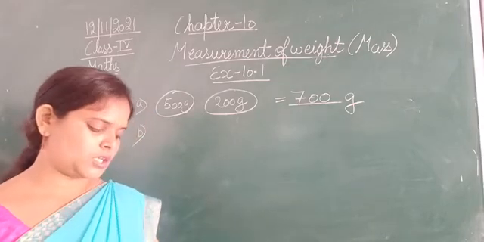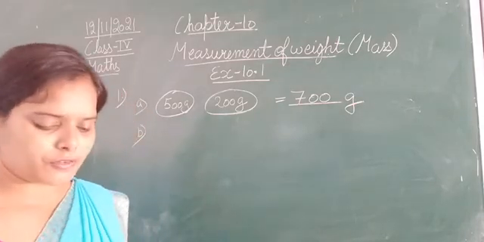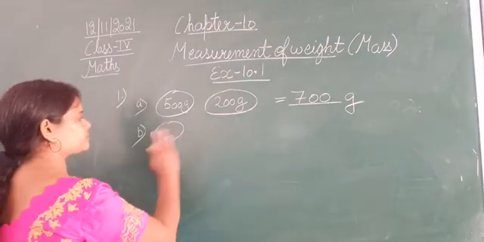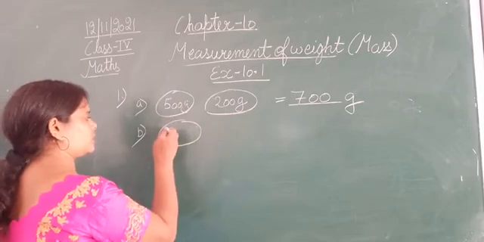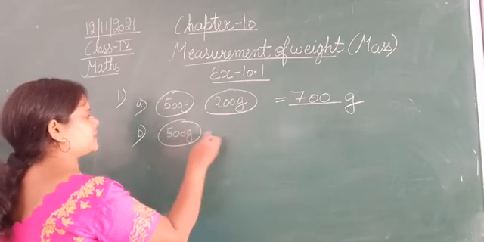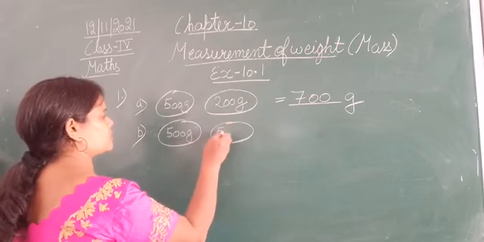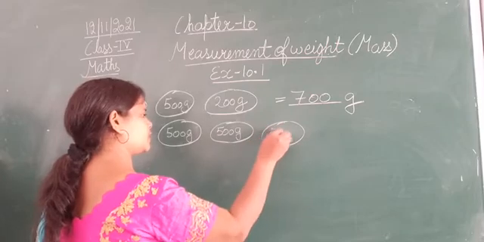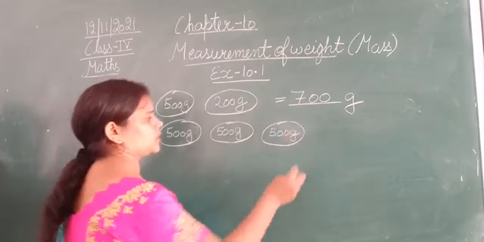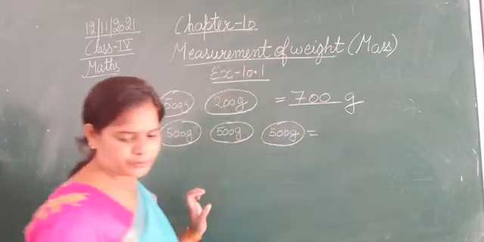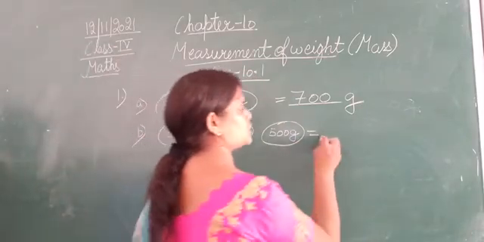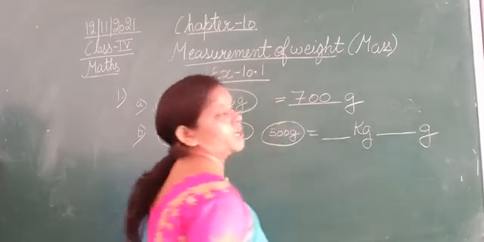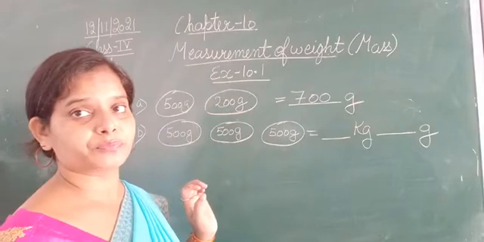Next, the B1. She has 3 weights of 500 gram each given. So all three weights are of 500 gram. First is of 500 gram, second is also of 500 gram, third is also of 500 gram. So what is the total weight? Okay, so they have given this option like this, kg and dash grams. So these weights she had bought.